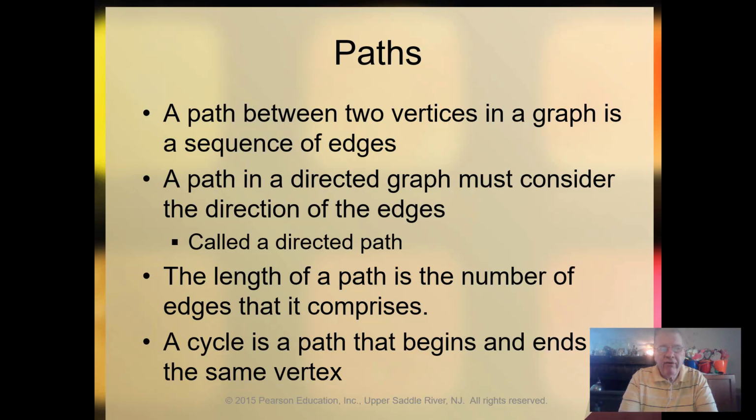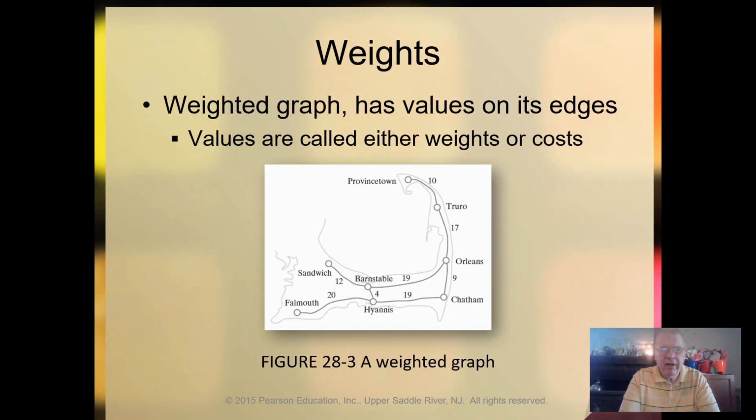So in a directed graph, you have to consider the direction of the edges. And in a directed graph where there are no weights on the edges, the length of the path is the number of edges that it comprises. So a cycle, also a definitional word, is a path that begins and ends at the same vertex.